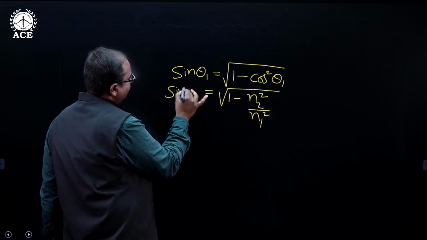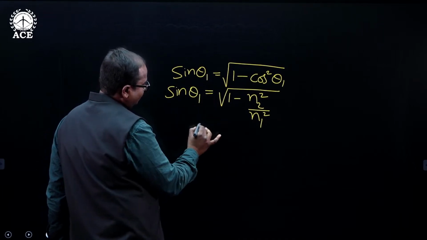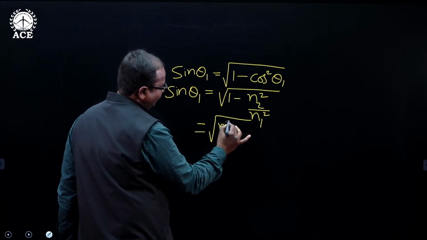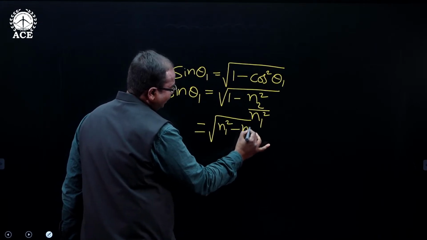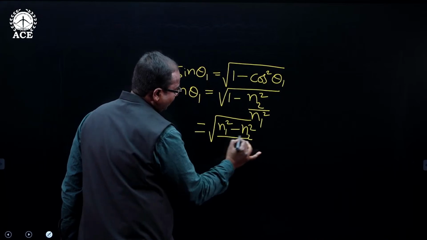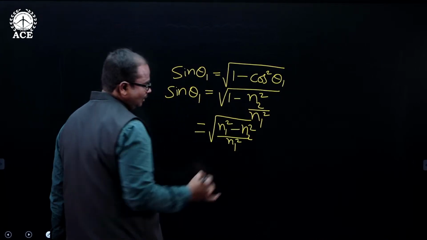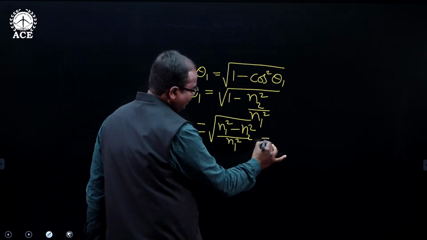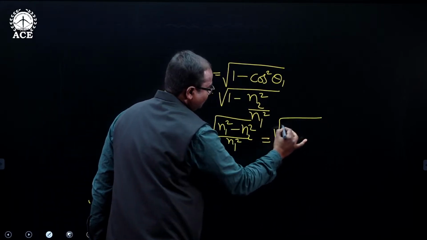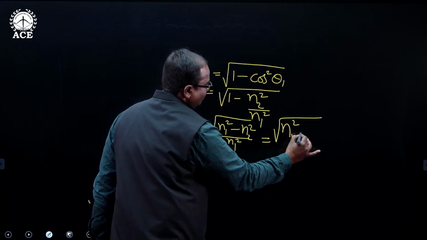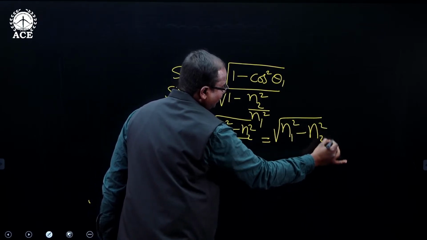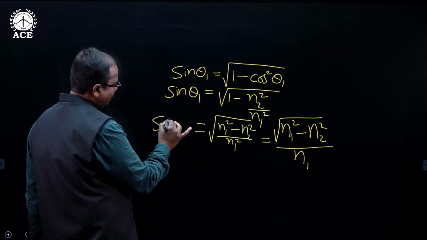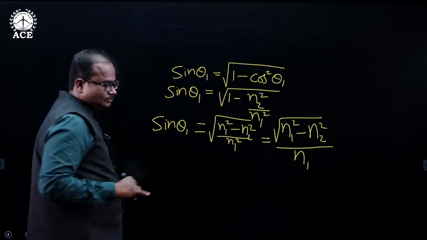Sin theta 1 is equal to under root of N1 square minus N2 square, by N1 square. The denominator I am writing out of the root. So sin theta 1 is under root of N1 square minus N2 square divided by N1.